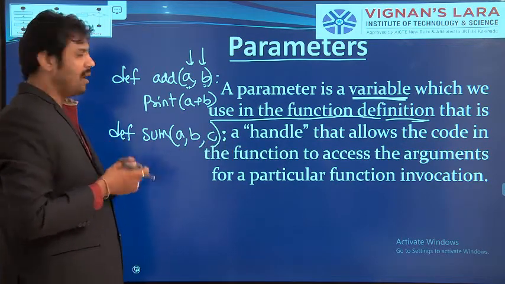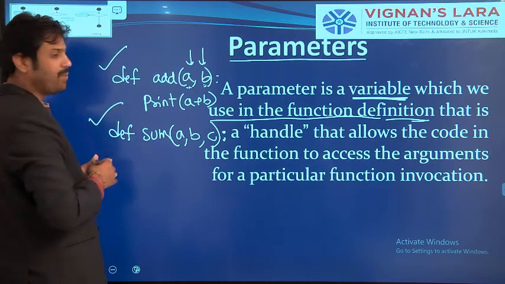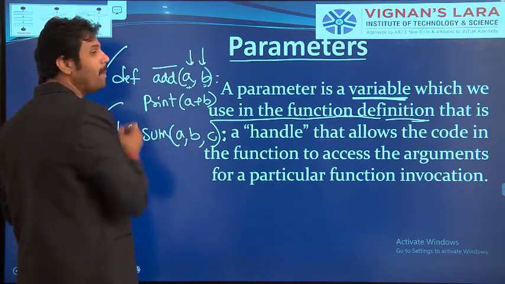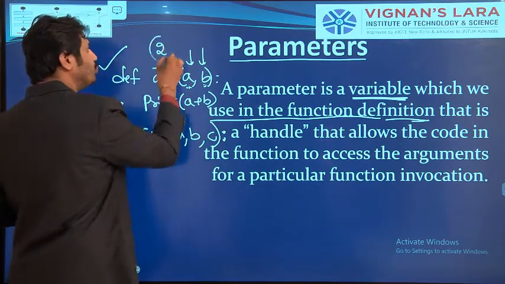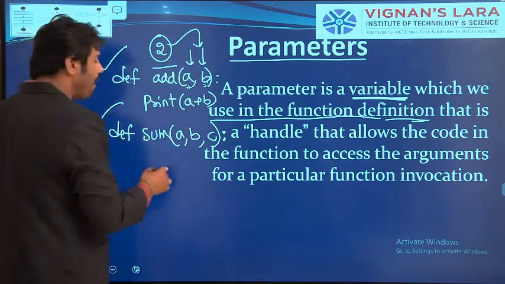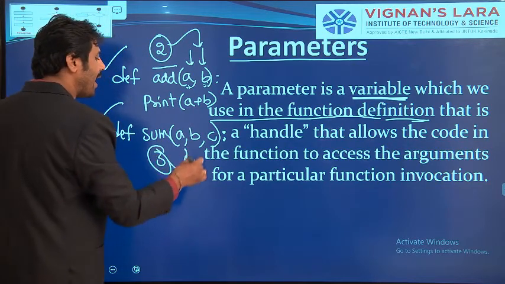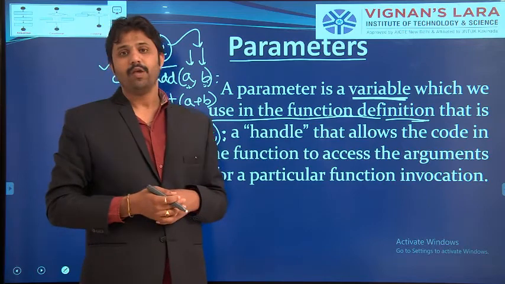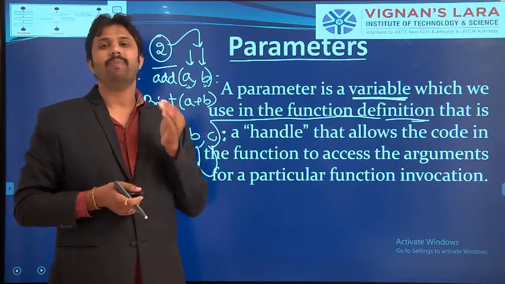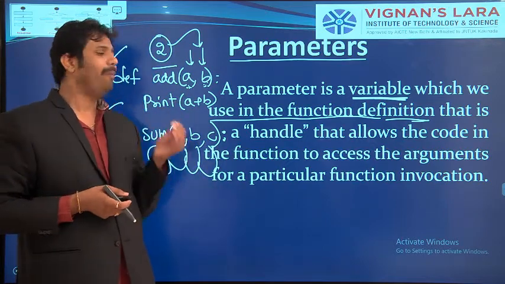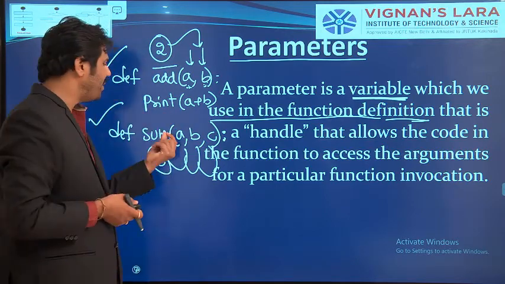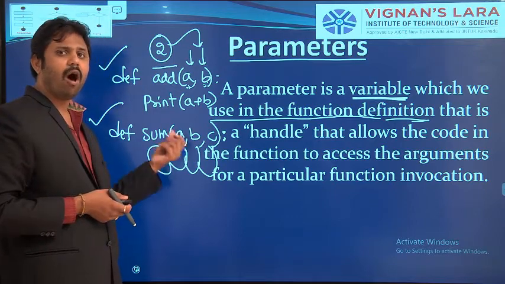Let us observe these two functions. In the function add, our parameters are 2, A and B. For the function sum, parameters are 3, that is A, B and C. So before utilizing a function, you must have an idea about how many parameters there are and what they are, whether these parameters are integers or strings or any data structure.